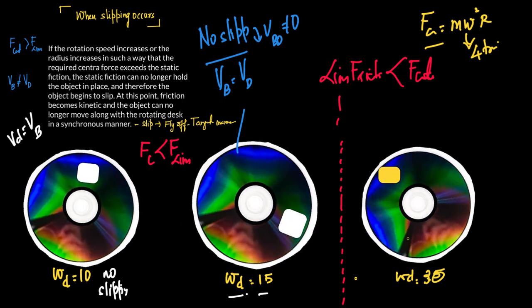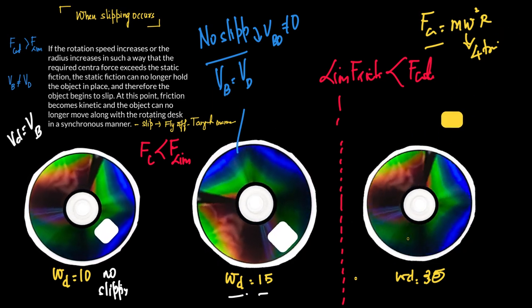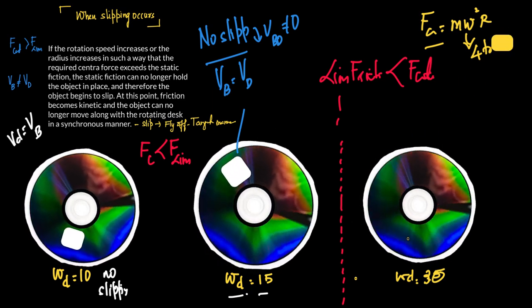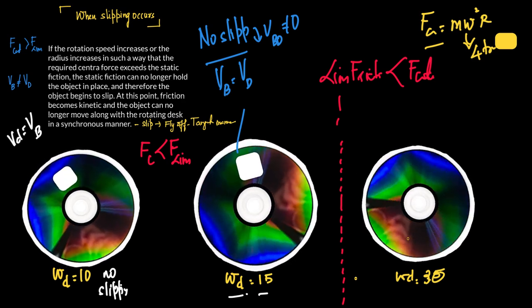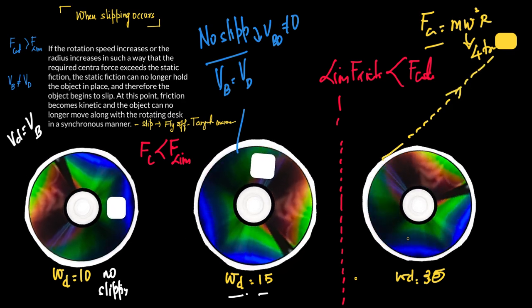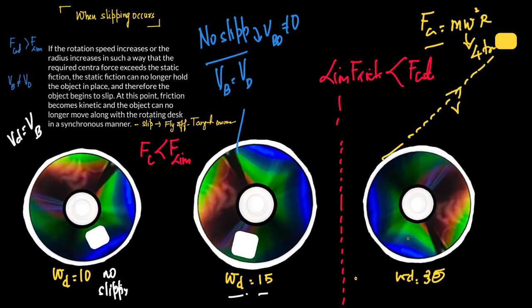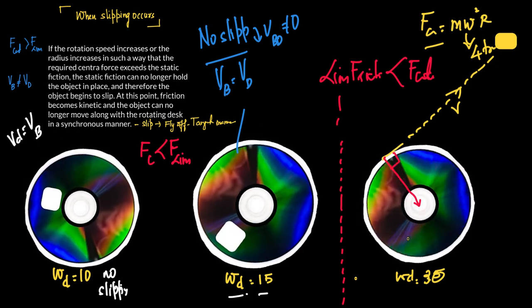But it won't stay, and at one point it will just fly off. And that path will always be tangential. Why is it tangential? Because the velocity vector and the centripetal force here are perpendicular to each other, right?